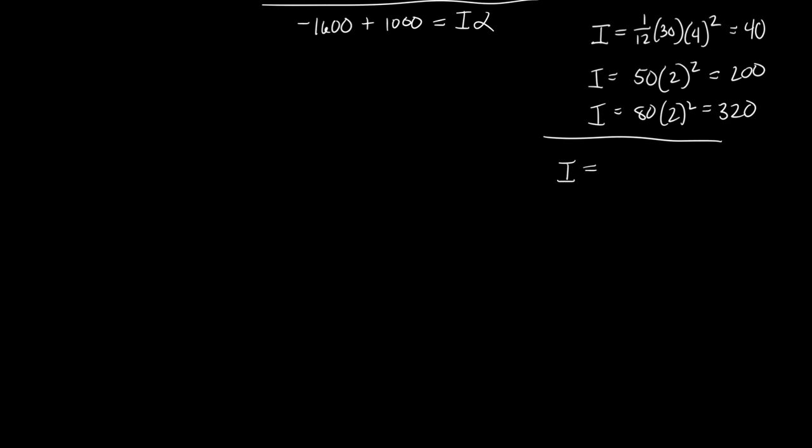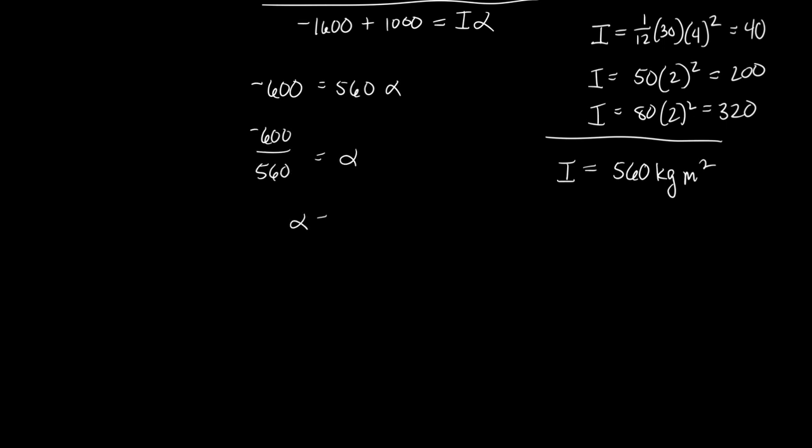So 560 kilograms meters squared. So negative 600 equals 560 alpha. So alpha's got to be negative 600 divided by 560. I don't know what that is, but that's got to be our answer. 1 point something.